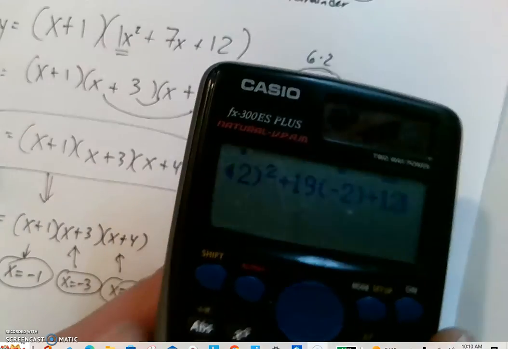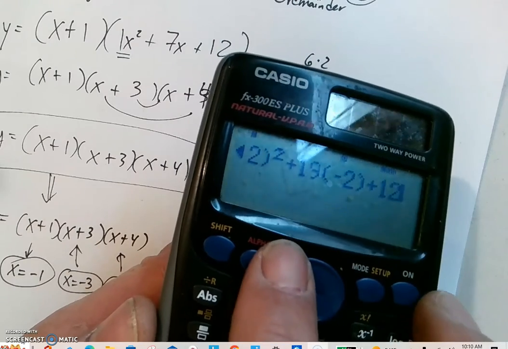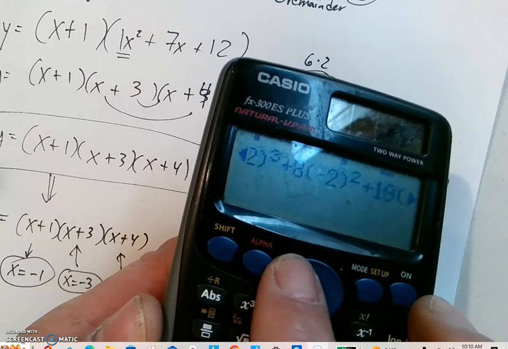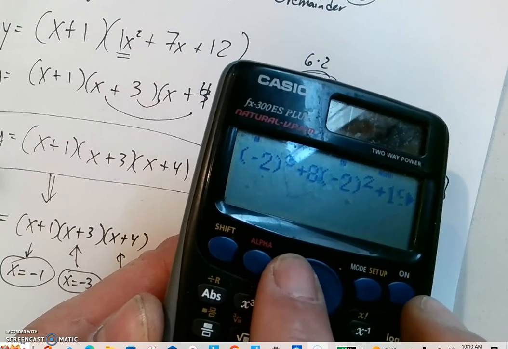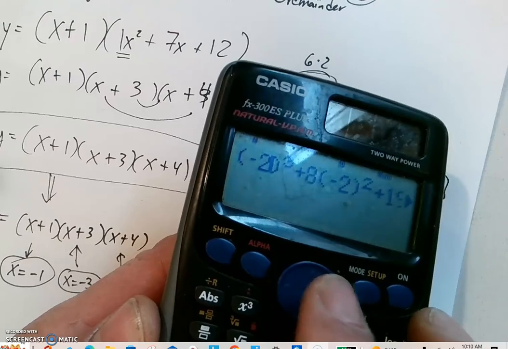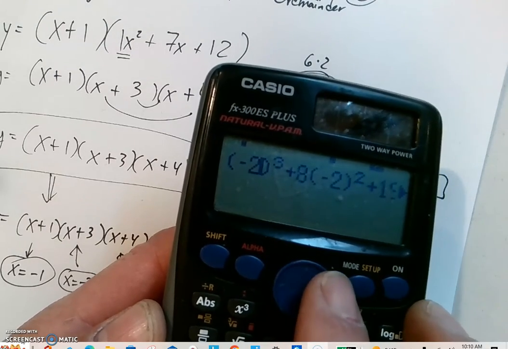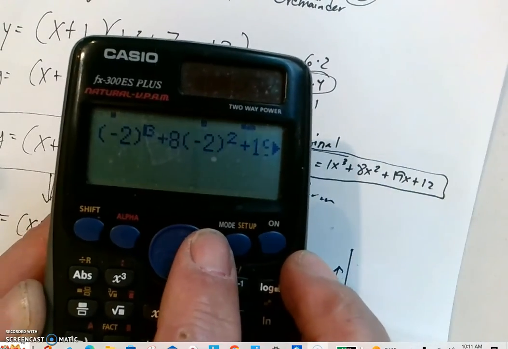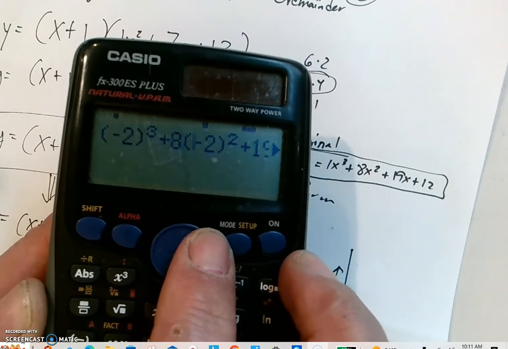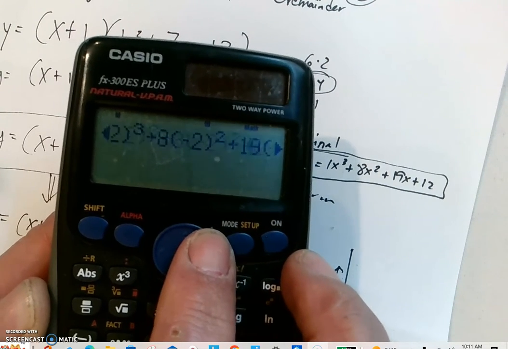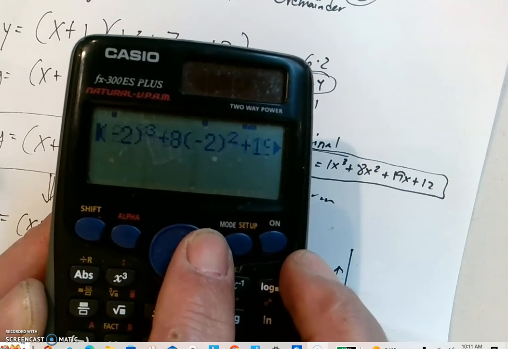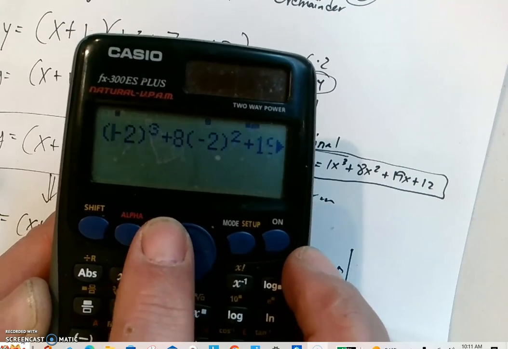So on this calculator, let's go back to the beginning. What's nice about this calculator is you can type in everything and go back and check to make sure it's right. So that's -2 to the 3rd plus 8 times -2 squared plus 19 times -2 and so on.